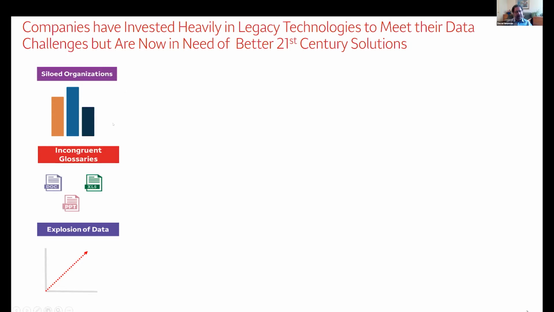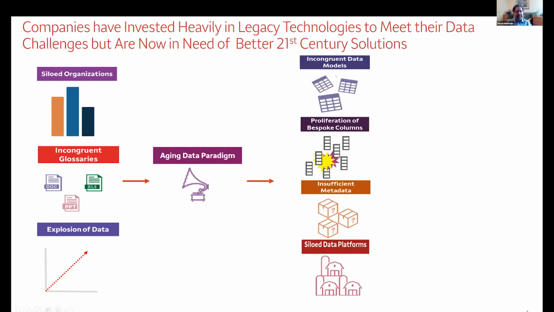Looking at the past number of years with relational technology, we found that as a result of highly siloed organizations, as well as many dictionaries and glossaries that are very incongruent, and the massive explosion of data in the enterprise, an aging data paradigm is really not well equipped to support the exploding challenges of data today.